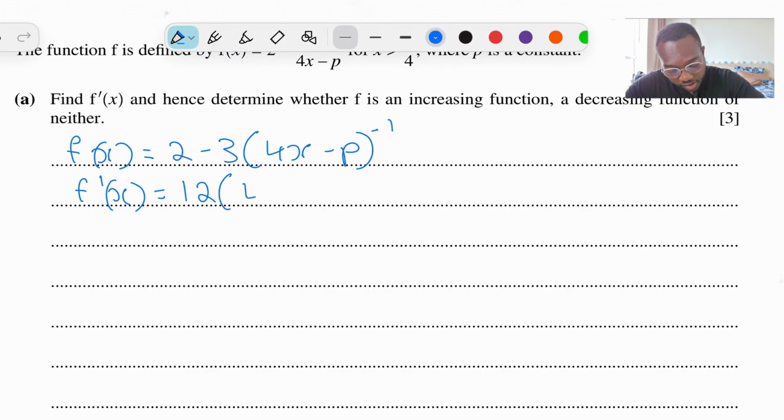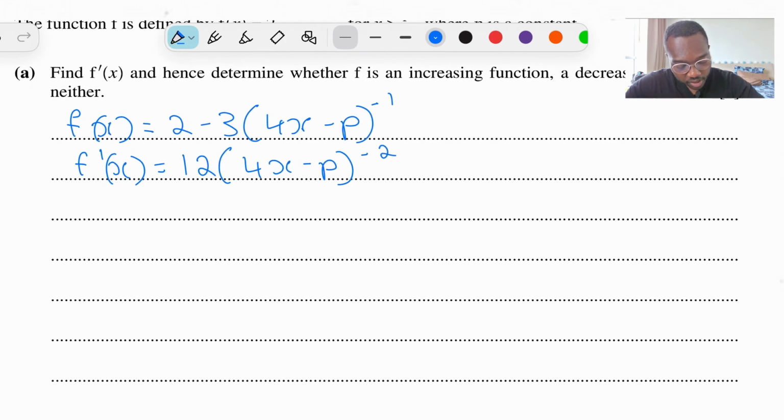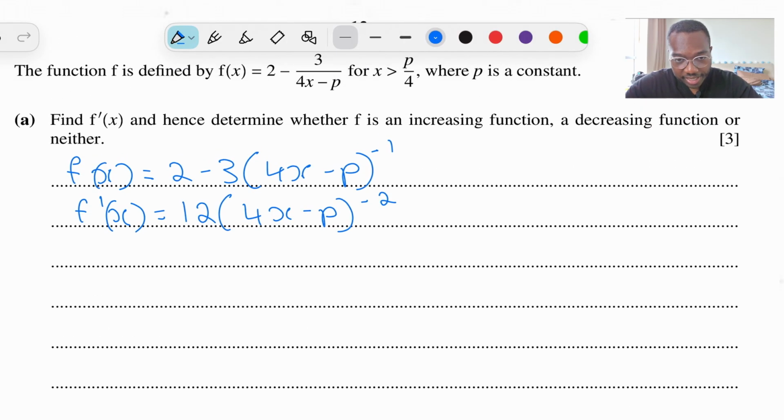And then in brackets, we get 4x minus p, and then we minus 1 from the power, so we get minus 2. So now we know that f dash x is 12 times 4x minus p, all to the minus 2. Now we want to determine whether this will be greater than 0, less than 0, or neither.